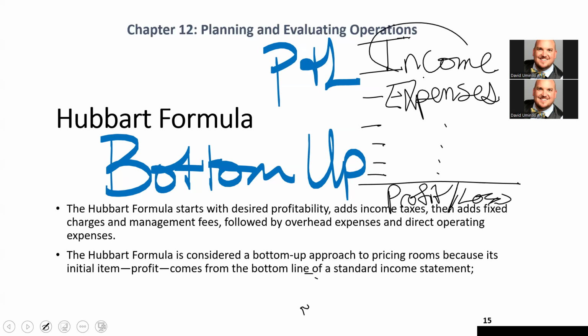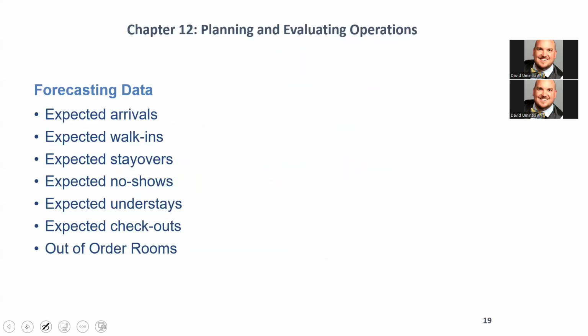And then that tells me what income I have to have. And then that tells me how much I need to sell my rooms for. Now, luckily, a lot of this is done digitally with computers, right? But these are just 3 different ways that hotels are going to value how they should sell their hotel rooms.